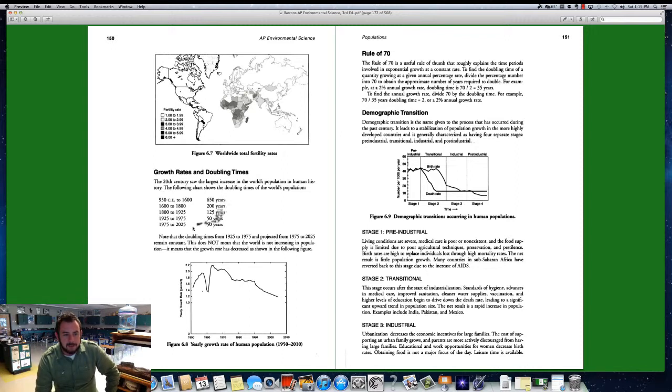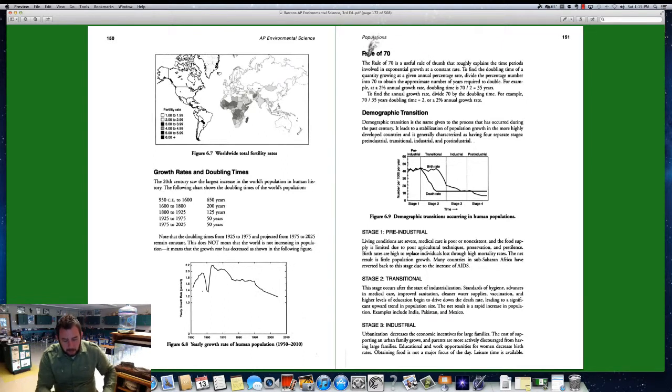It says, note the doubling times from 1925 to 1975 are projected from 1975 to 2025 to remain constant. This does not mean the world is not increasing in population. It means the growth rate has decreased, shown in the following figures. So I believe this is the yearly growth rate of human populations from 1950 to 2010. Let's take a look at this.